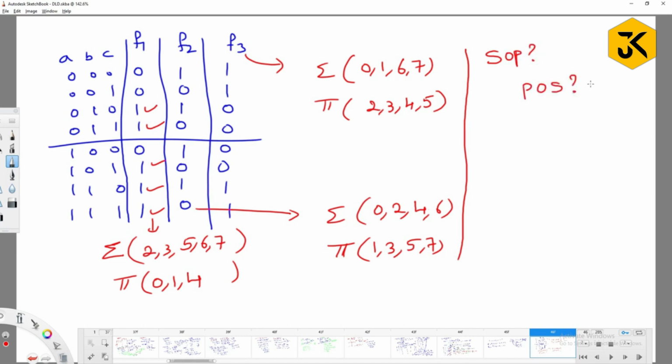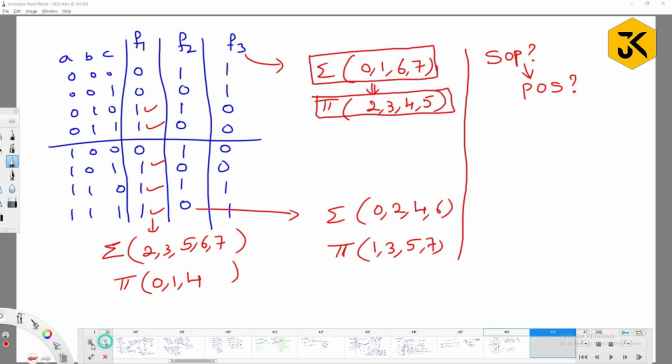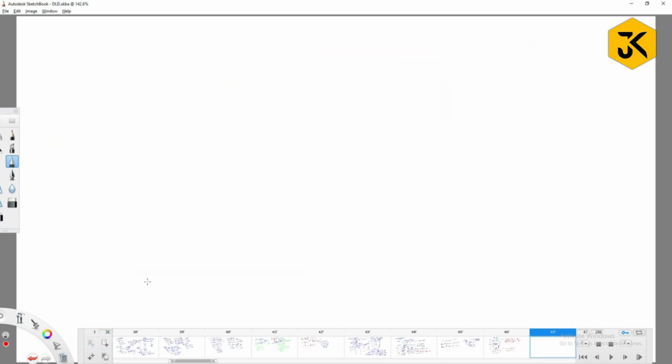Can you perform this? Yes. If it is available in this form, you can easily convert it into product of sums. But you have to clearly understand the meaning of product of sums.